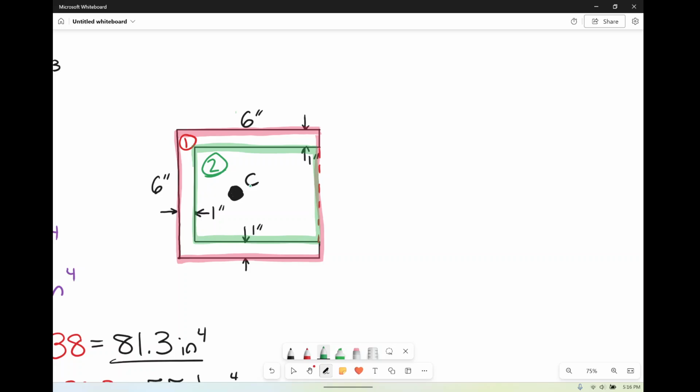So really what we're looking at is a really big rectangle and then a really small rectangle that we have removed. So instead of summing them at the end, we're going to subtract them. And let's see if we get the same answer.